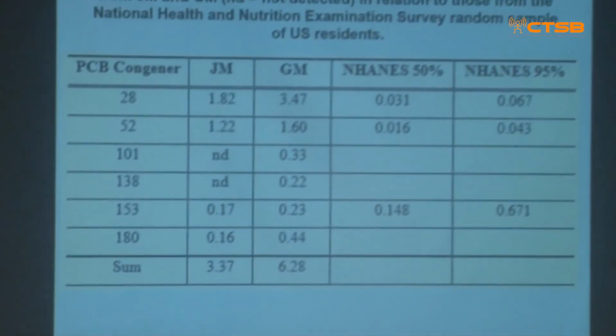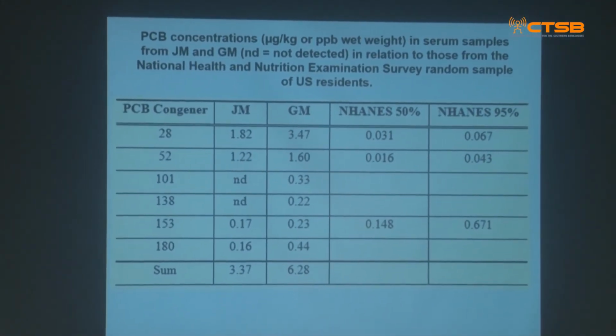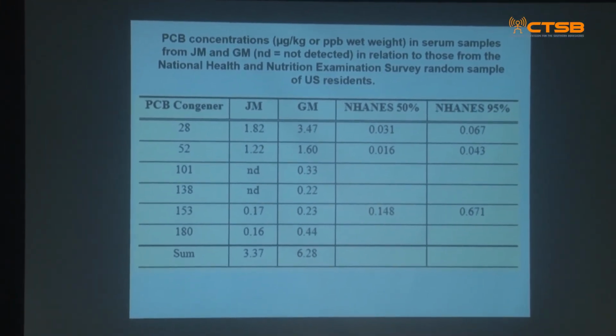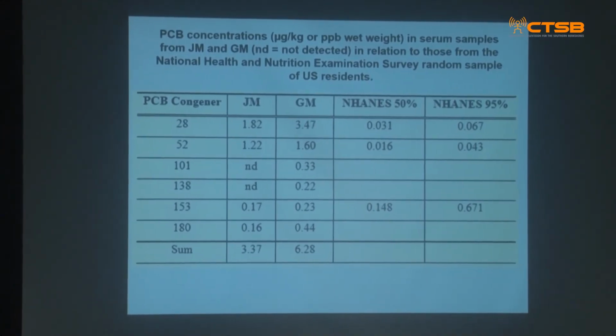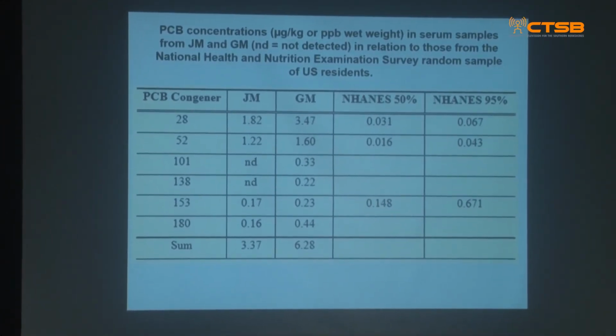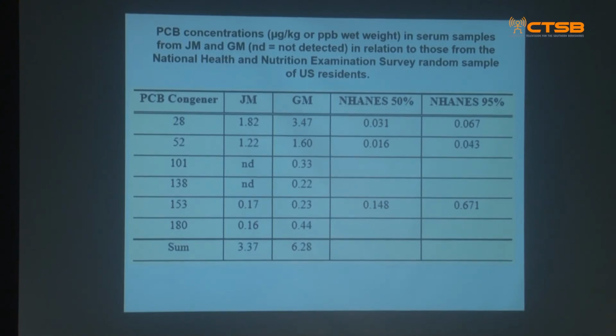We got blood samples from them to measure their PCB levels, and let me show you those results. So PCB 28 and 52, these are low numbers. So these are relatively volatile PCBs, but they also have chlorines in a position so they're not degraded as rapidly as some of the others.